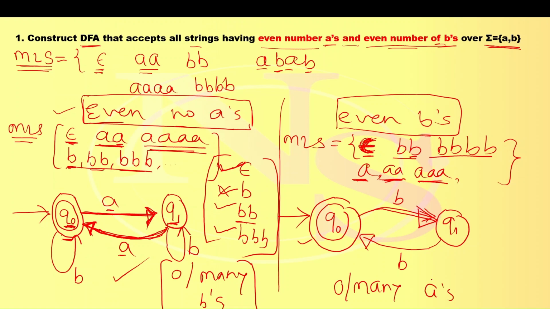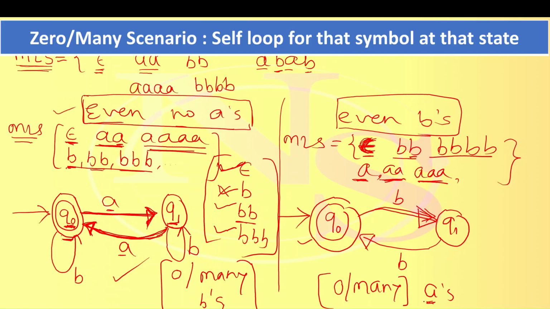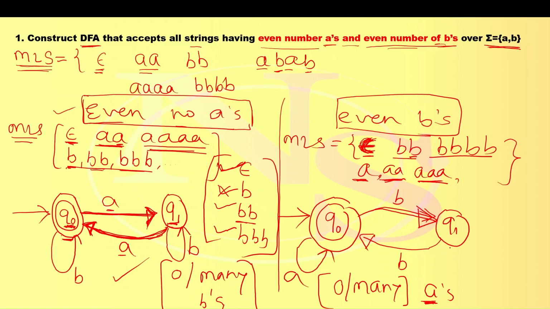As I explained previously, whenever there is a situation of 0 or many, maybe for B's, maybe for A, or for any other symbol, simply give a self loop for that specific symbol. So this is a self loop for A and here is the self loop for A. This is the answer for the other sub question, even number of B's.